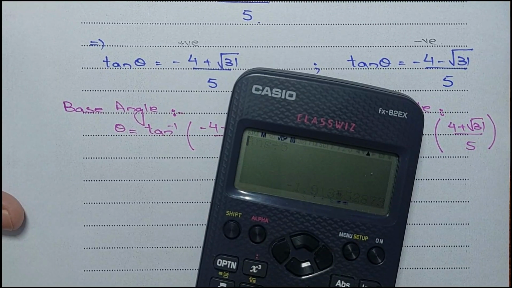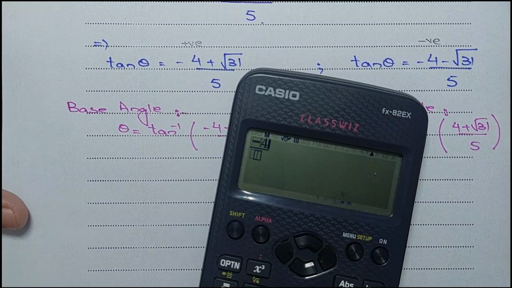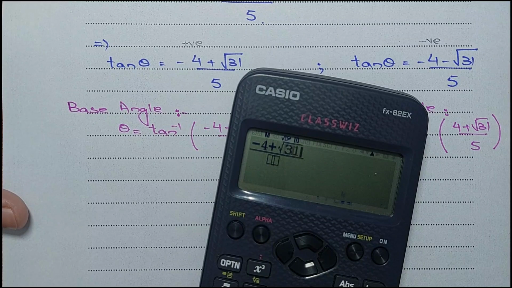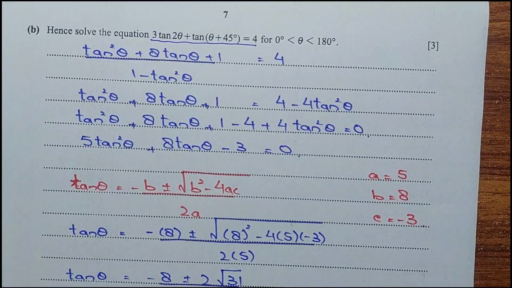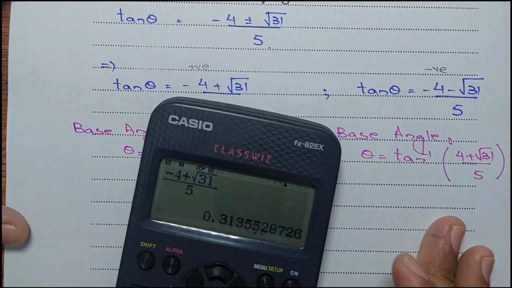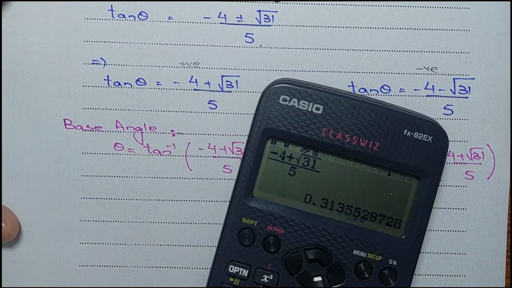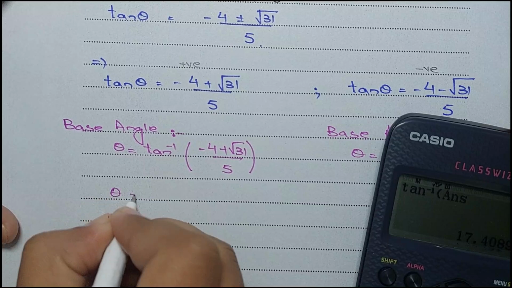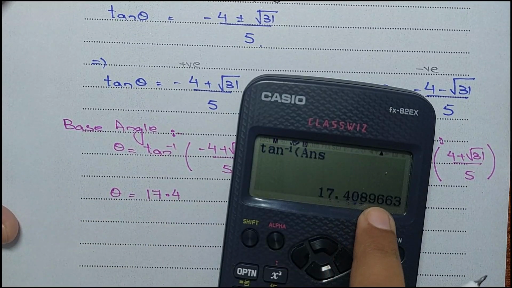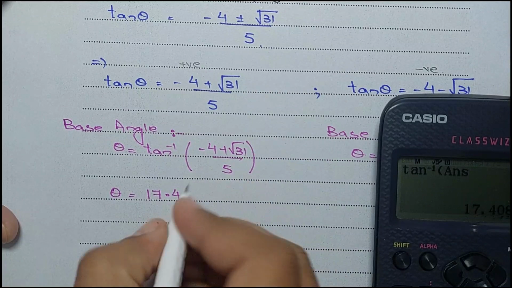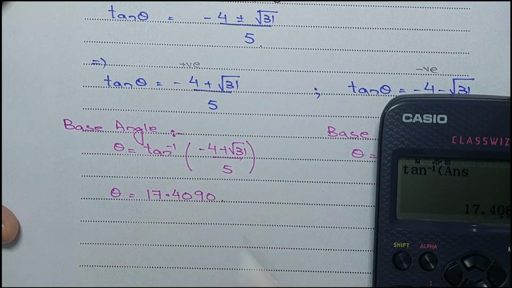Okay, so if we do minus 4 plus square root of 31 divided by 5, this expression is tangent. This is in degrees, right? Because the domain is from 0 to 180. So your calculator should be in degrees to find out the base angle. Tangent inverse of answer. This is theta equal to 17.4089, which becomes 17.409.